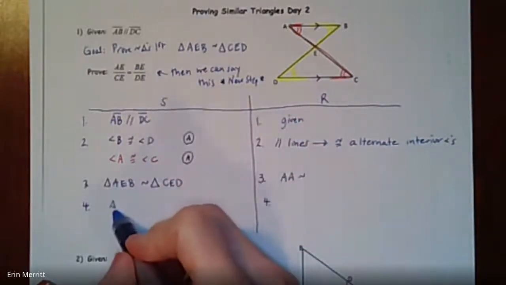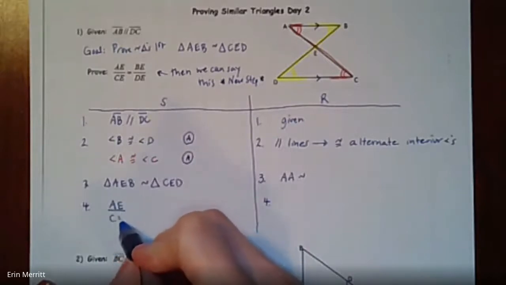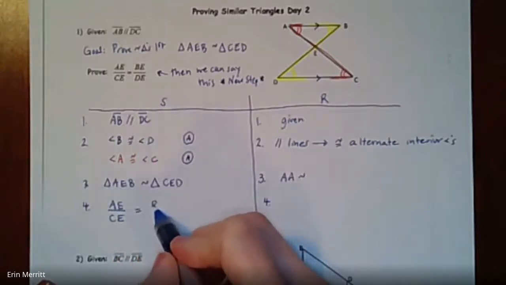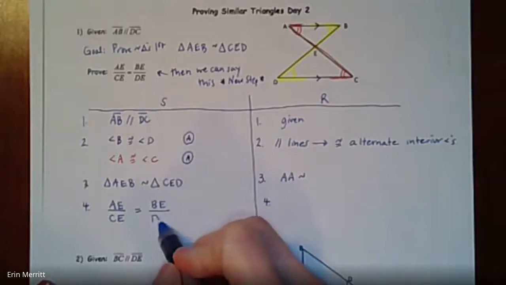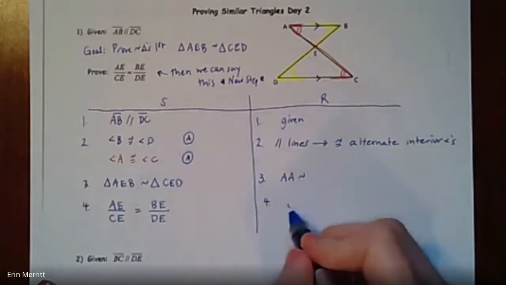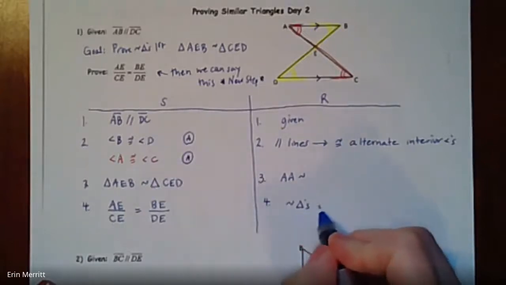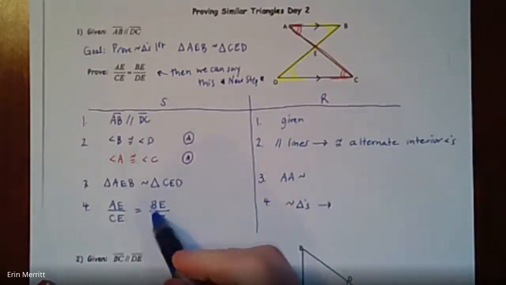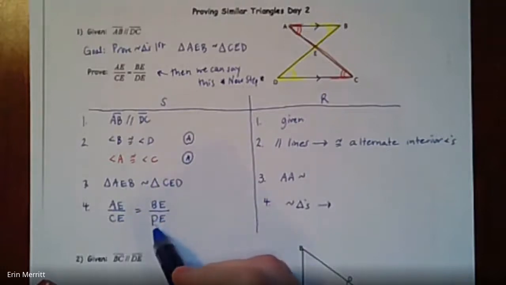So I'm going to say that AE is to CE as BE is to DE. And then the way we're going to say this over here is think about what we proved. We proved similar triangles. So similar triangles implies, and then what we're showing is a proportion here.